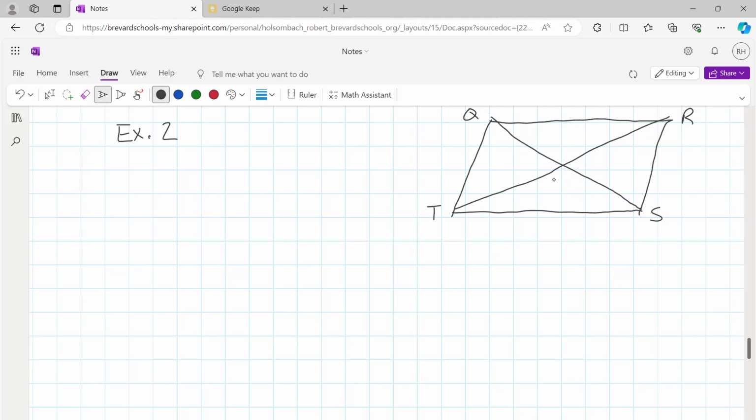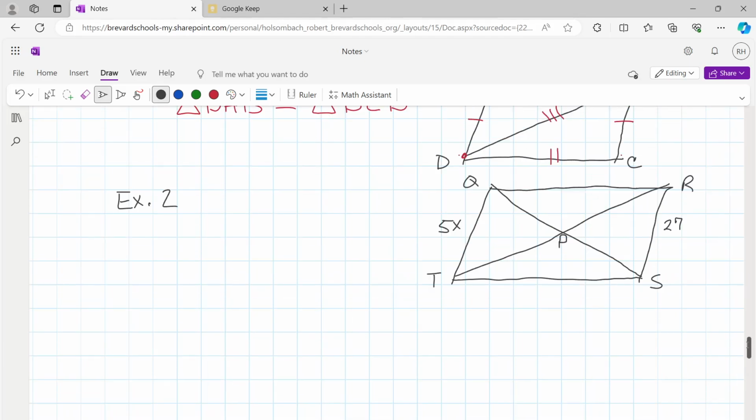The diagonals intersect at P. And all kinds of dimensions now. So we got a left side that's equal to 5x and a right side that's equal to 27. Let's see, angle RQP is equal to 33 degrees.